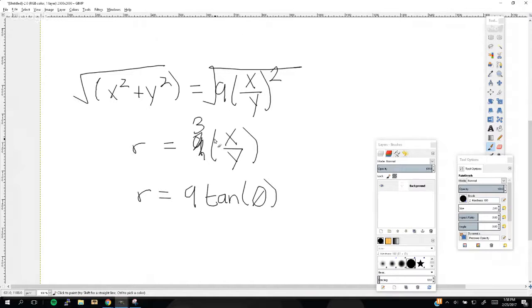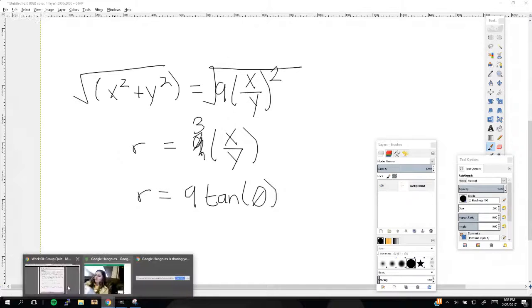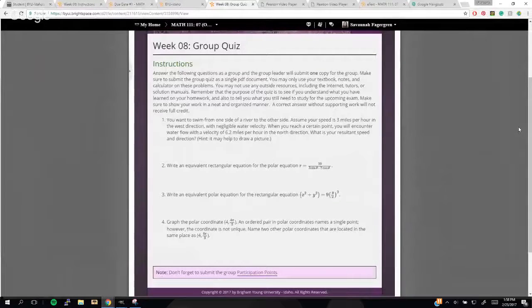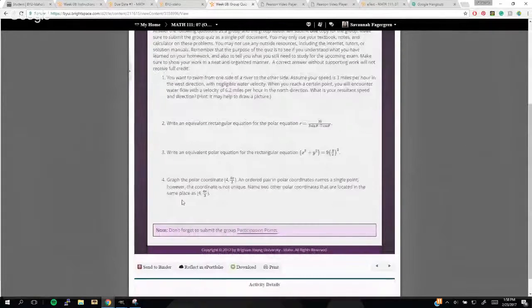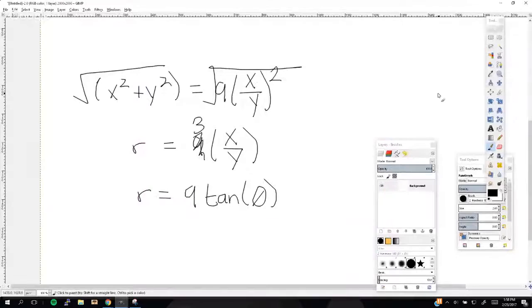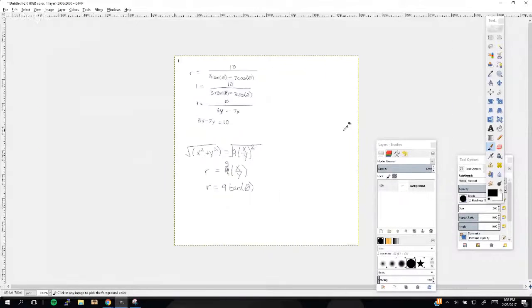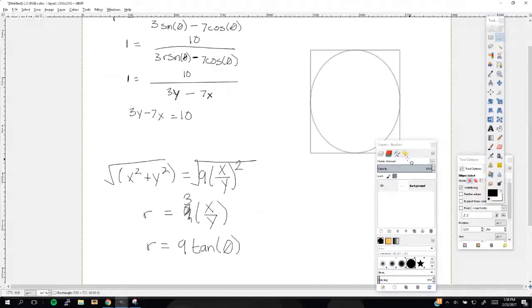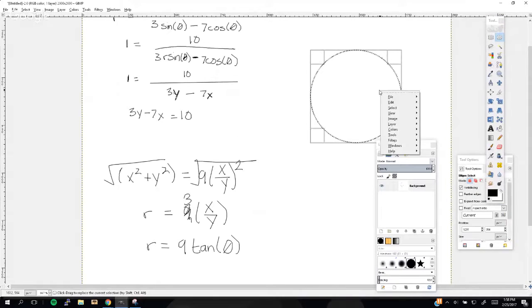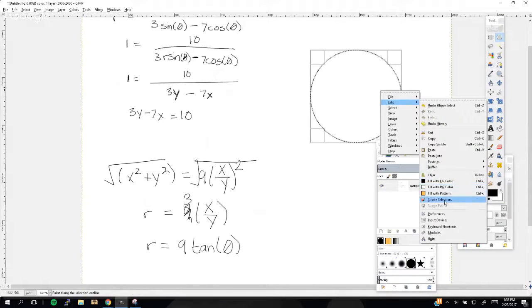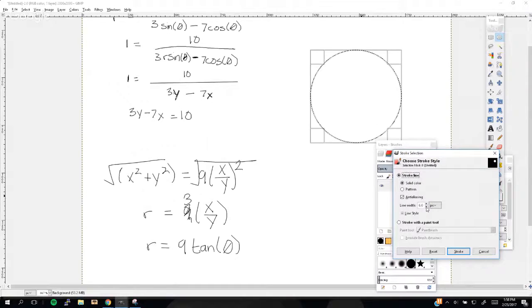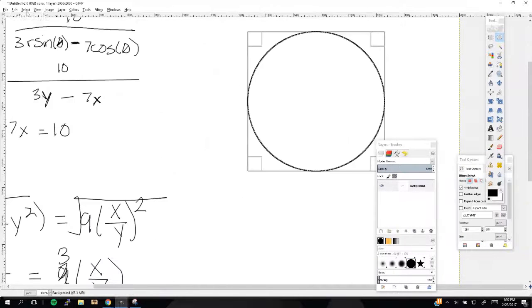Okay. Then the last one I thought was super simple. We just had to plot out the polar coordinate. Let me see if I can draw a circle. There we go.